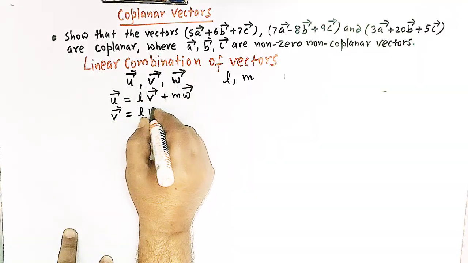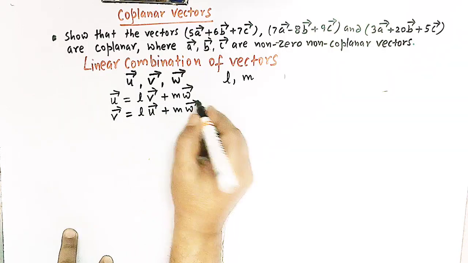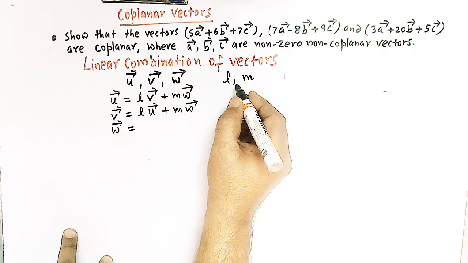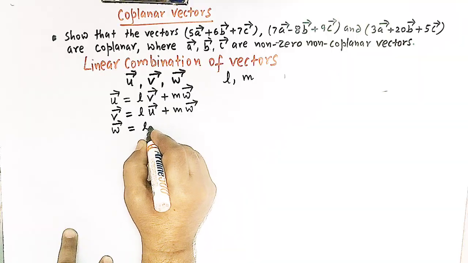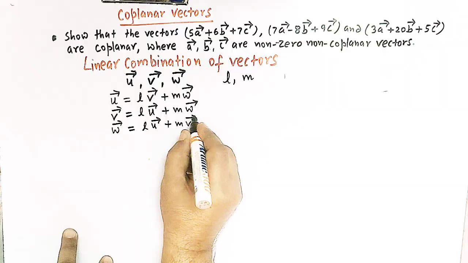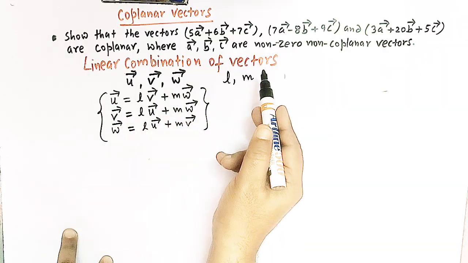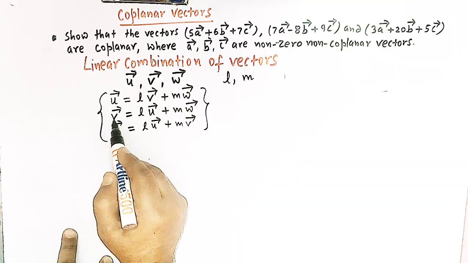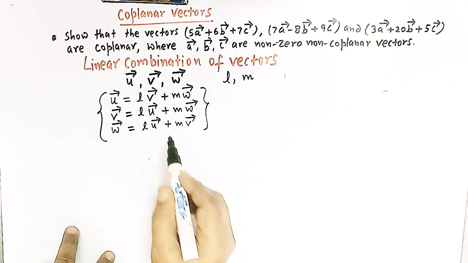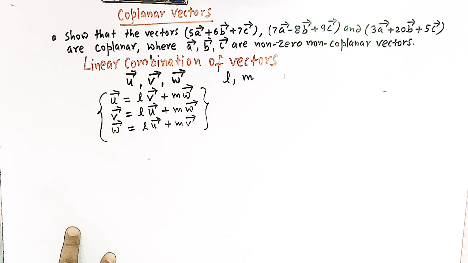So here we have Lu plus Mw, and similarly vector w can be expressed as a linear combination of vector u and vector v, right? So these three expressions represent the linear combination of one of these vectors in terms of the other two vectors. And always remember this representation is unique, right?